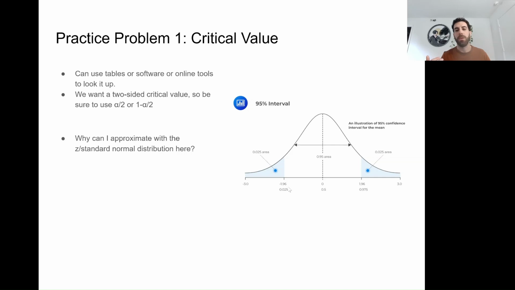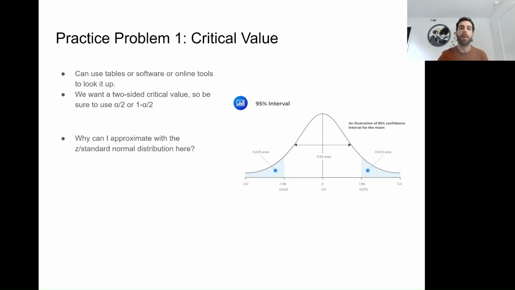It's something that you will memorize because you're often doing a 95% confidence interval, and when you assume normality and you use the z distribution, 1.96 is the number of standard deviations you are away from the mean to get 95% coverage. So it's just a common critical value that you'll use, and eventually you will memorize it as a result.